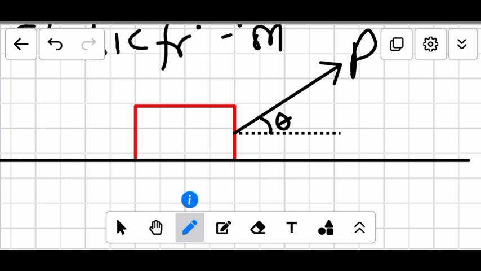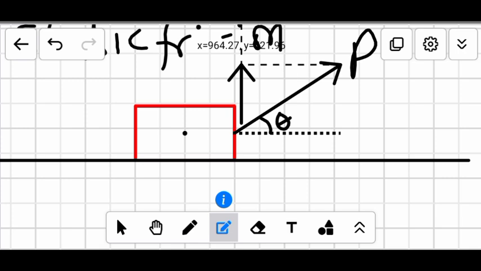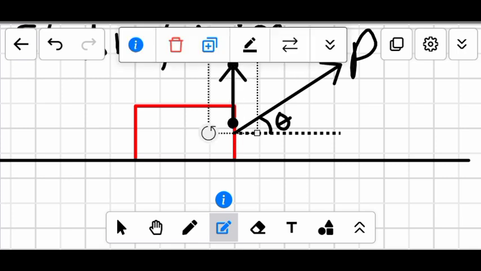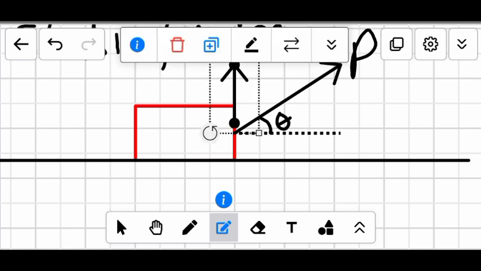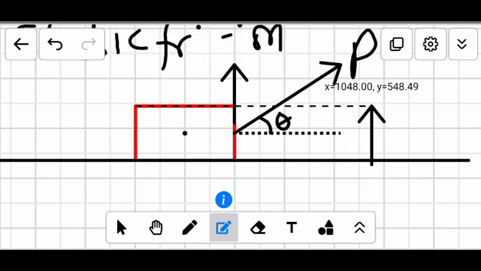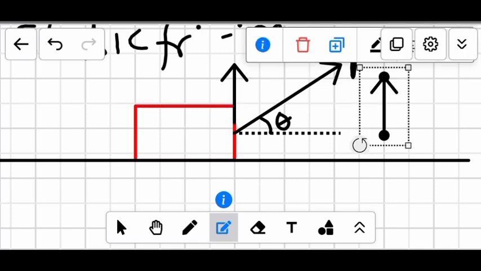Now this force P will have two dimensions, because we're going to have the vertical component of the force, which will act like this. And we're going to have the horizontal component of the force, which will act like this.